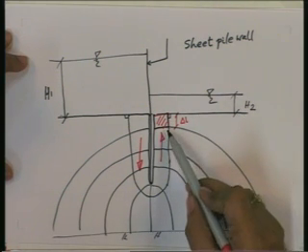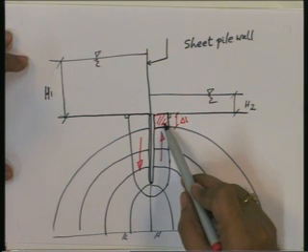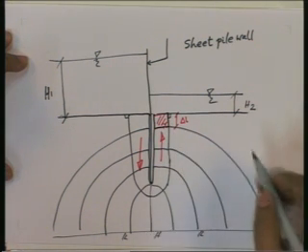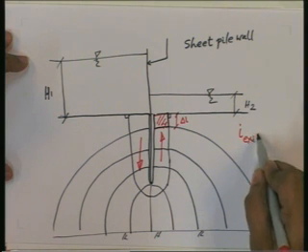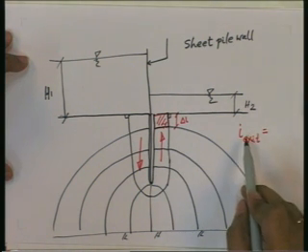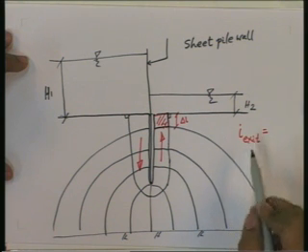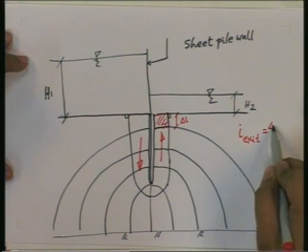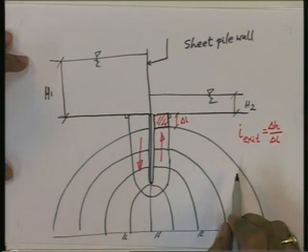In the process, this particular gradient which exists here is defined as I exit, the exit hydraulic gradient, which is nothing but delta H divided by delta L. This is one parameter.